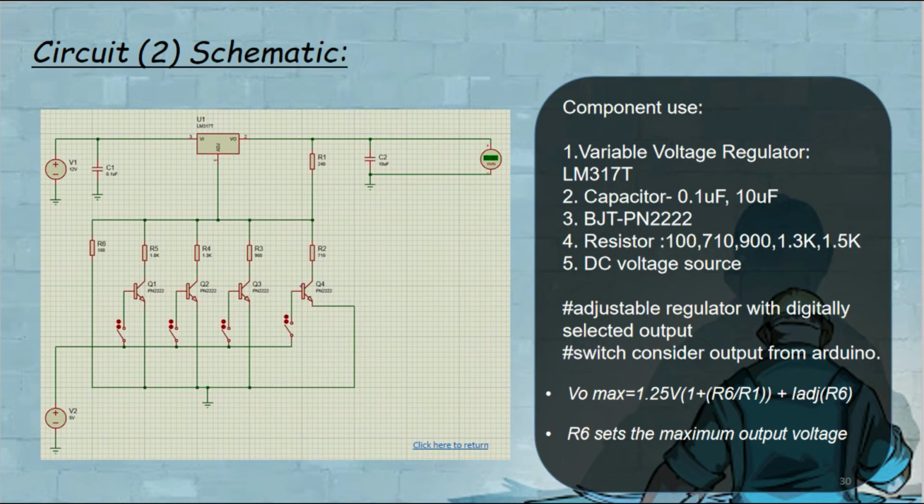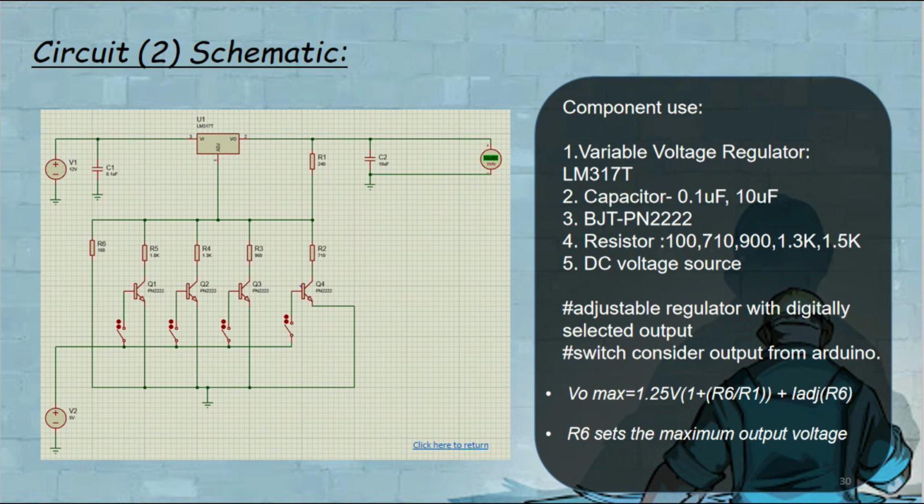So the components used for circuit number 2: the variable voltage regulator, which is LM317T. Number 2 is capacitor, 0.1 microfarad and 10 microfarad as the load. And number 3 is BJT PN2222, and then multiple resistors: 100 ohm, 710 ohm, 900 ohm, 1.3 kilo ohm and 1.5 kilo ohm to control the voltage output.